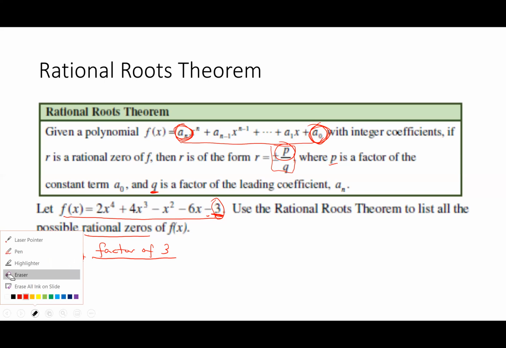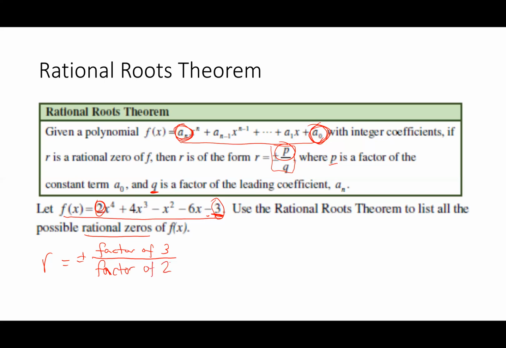Now I'm going to take a look at all of the possible factors of 2. This is going to be a really easy one because I've got a prime constant and a prime leading coefficient. But let's talk about all the different factors of 3. There's only 1 and 3. Those are all of the factors there are of 3. Now let's talk about the factors of 2. All of the factors there are 1 and 2.